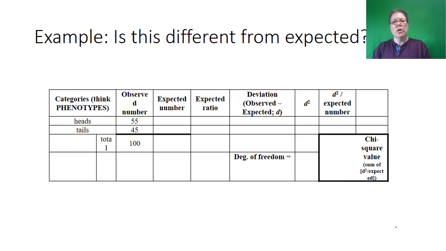So if you flip your quarter 100 times, you would expect 50% of the time you'd have heads and 50% of the time you'd have tails if the quarter is clean and normal and everything goes the way it should. So if you flipped it 100 times, you would expect 50 heads, 50 tails, or a 1-to-1 ratio of heads to tails.